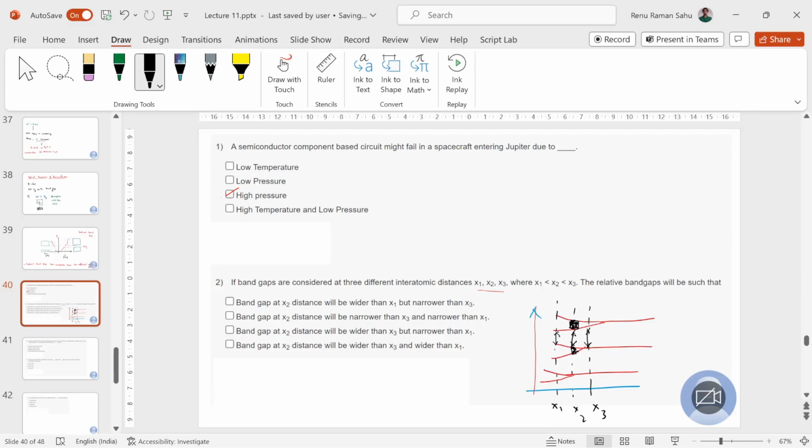So the band gap at x2 distance will be wider than at x1. Is it right? Yes. But narrower than x3. This is right, no? Correct. You understood why? Yes. Cool.